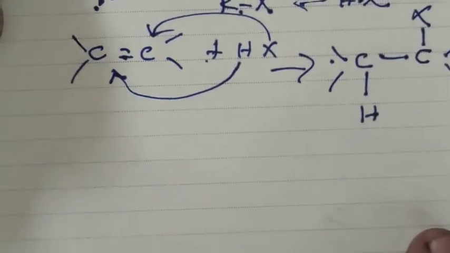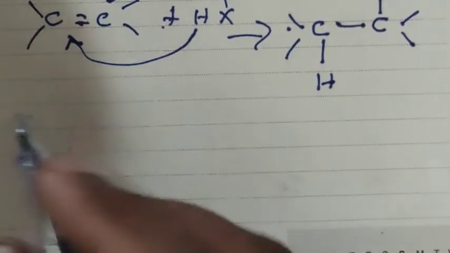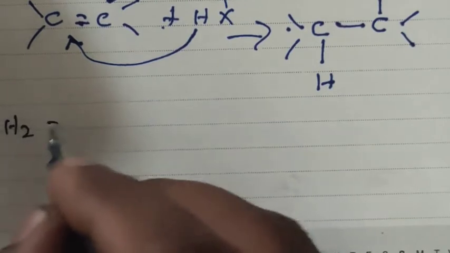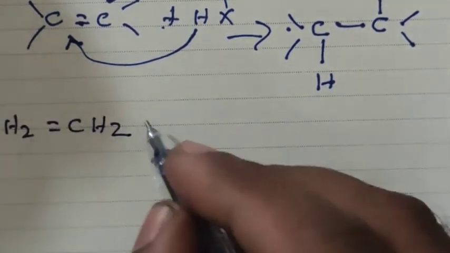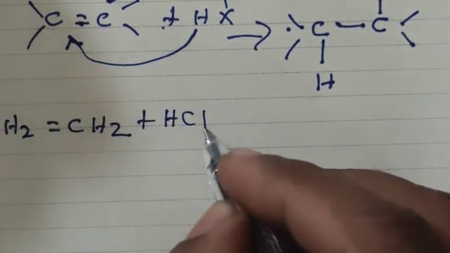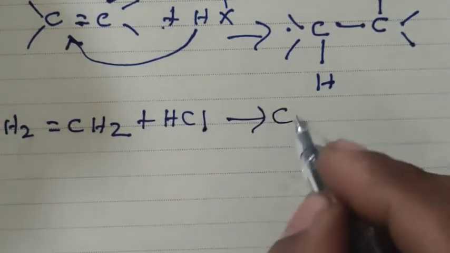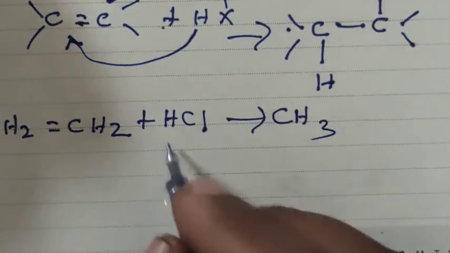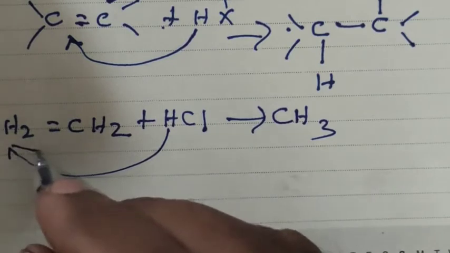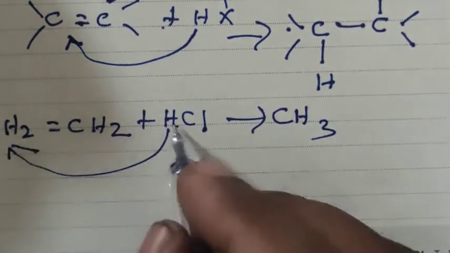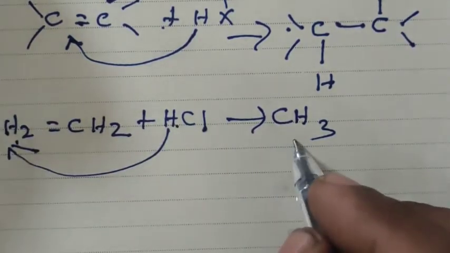For example, take CH2 double bond CH2. When it reacts with HCl, we are getting CH3, because H adds to this carbon. So, with CH2 one more H adds, we are getting CH3.